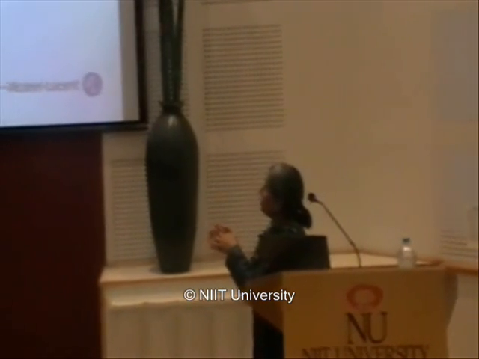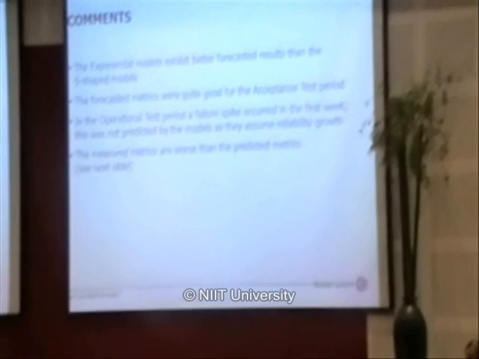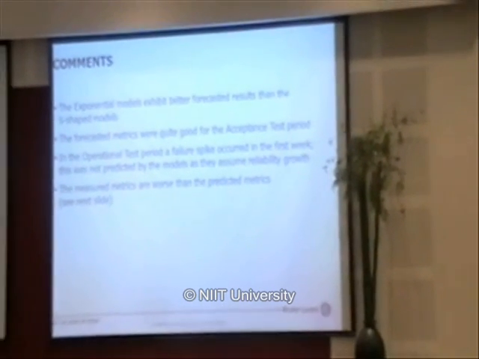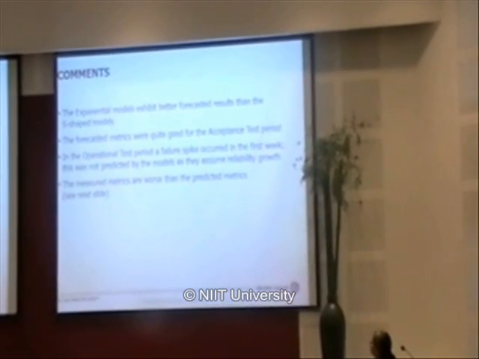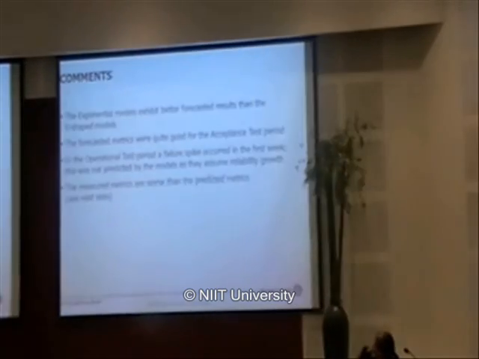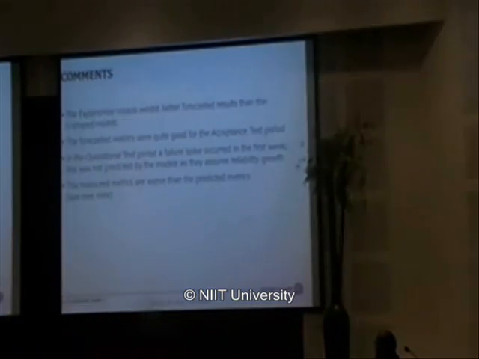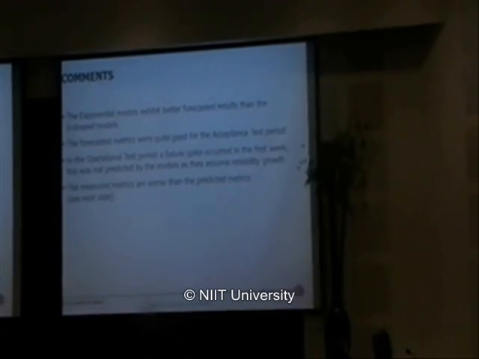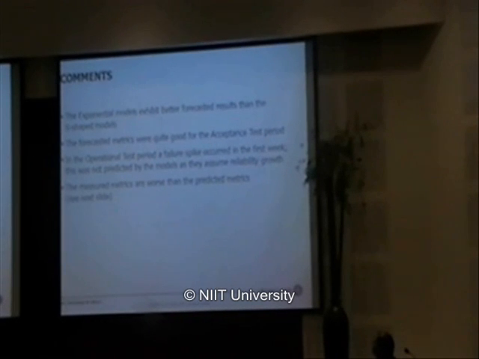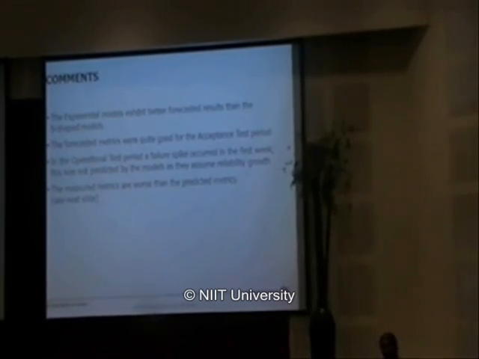So in this particular instance, we found the exponential model was better. But that's not universally true. It's going to depend on each particular case. And we were able to get good metrics for the acceptance test period. And now one thing, when the product was in the operational phase, there was a spike in the failure rate. This was not predicted by the model.